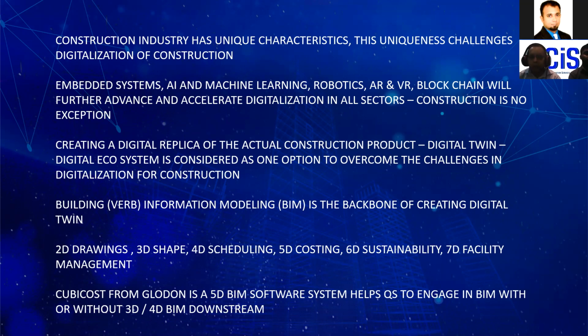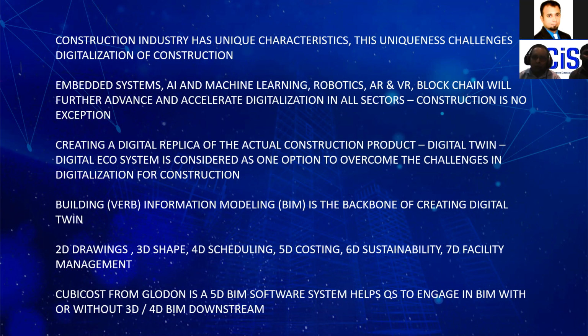Actually, when we started the studies, it was time, cost, and quality only. Now sustainability and facilities management are also included in some of the work we are doing at the moment.